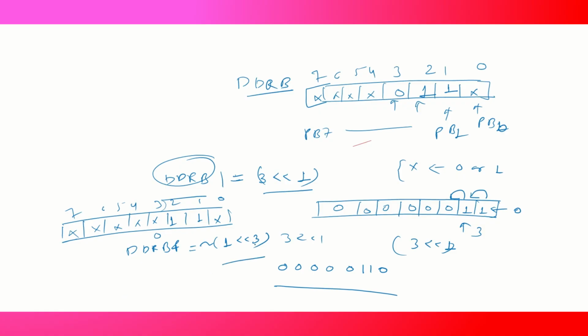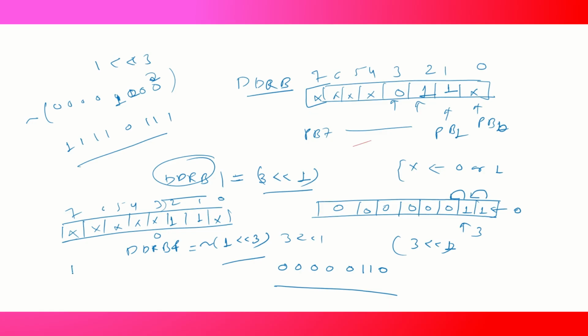1 left shifted by 3 is equivalent to 0 0 0 0 1 0 0 0. This is equivalent to 1 left shifted by 3. Now if we take the complement of this number, then this will become 1 1 1 1 0 1 1 1. So we have to do an AND operation with this number.